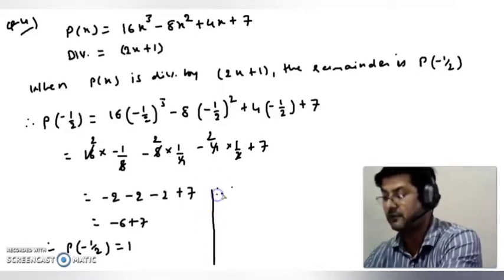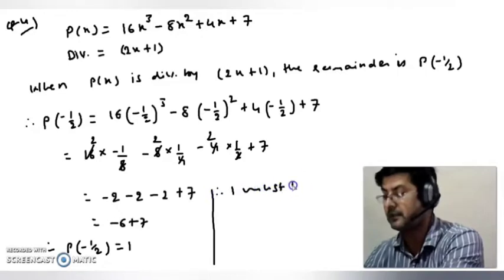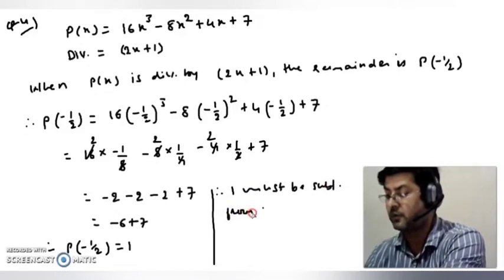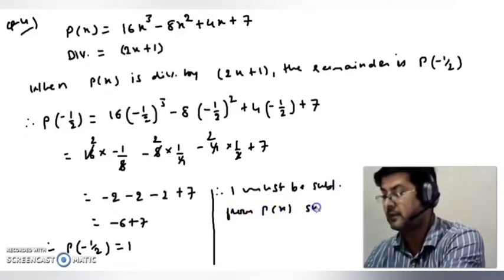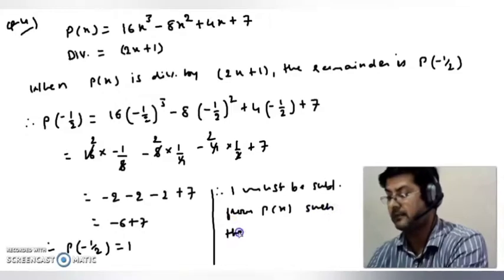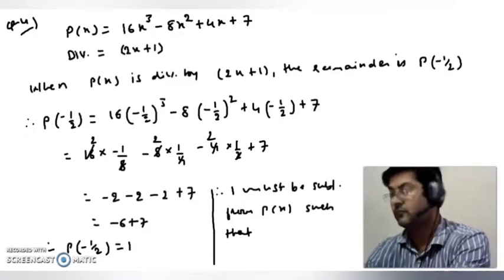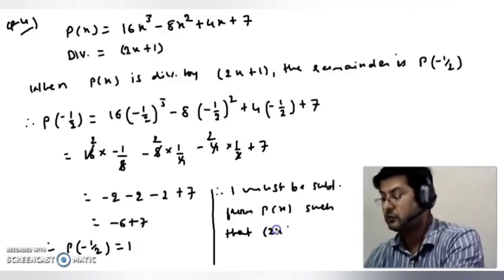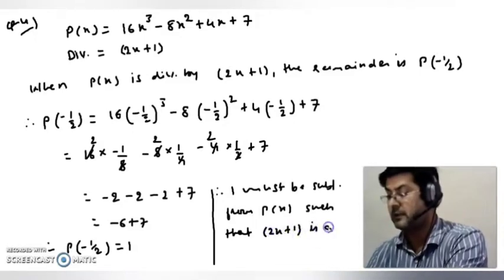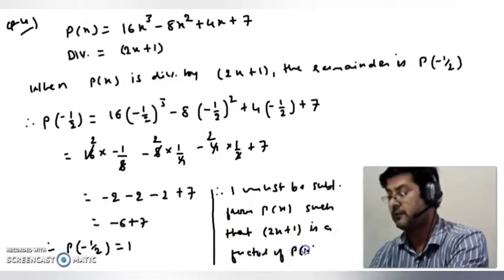So we'll write down: therefore 1 must be subtracted from p of x such that it is divisible, or such that 2x plus 1 is a factor of p of x.